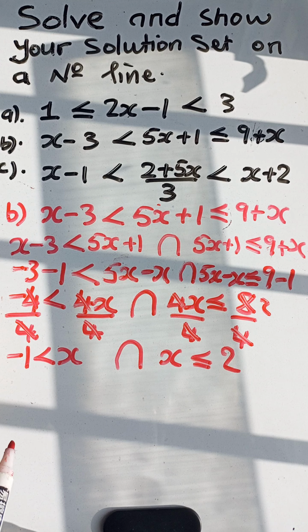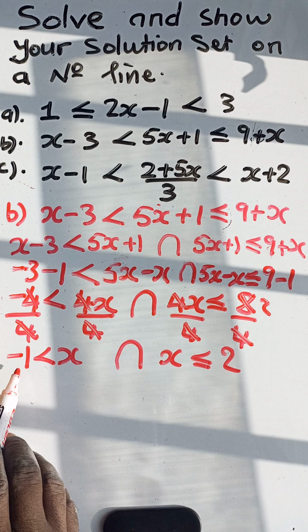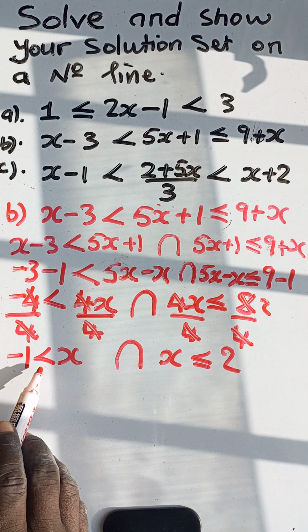Just like we did with the other one, we intersect these two solution sets, and we're going to have negative 1 less than x, less than or equal to 2.